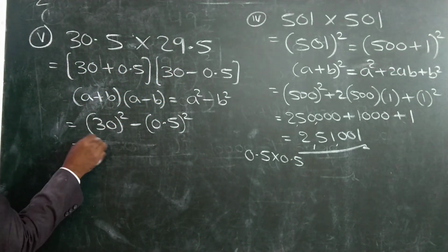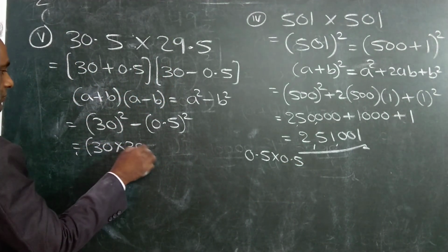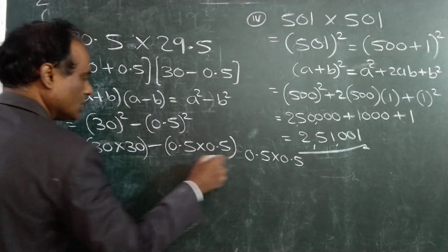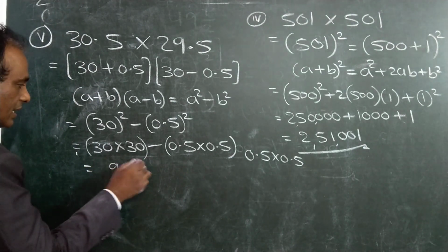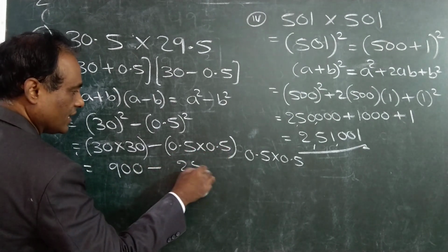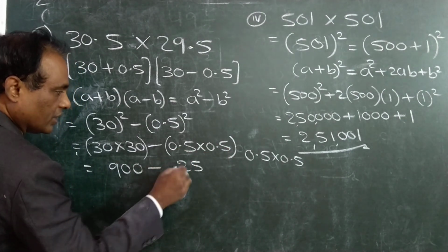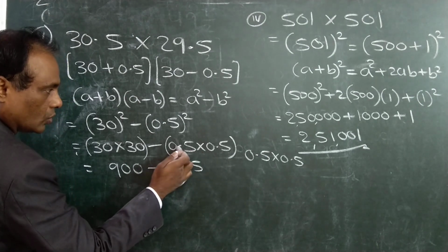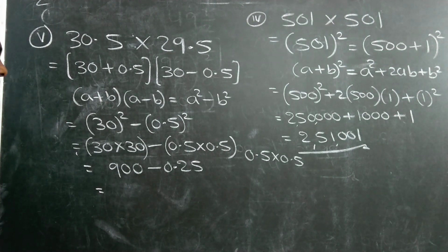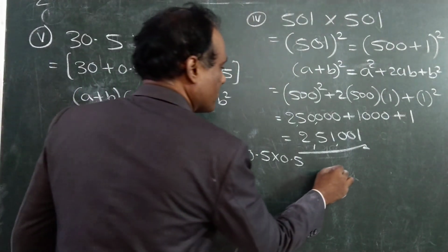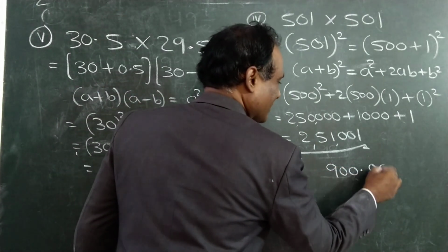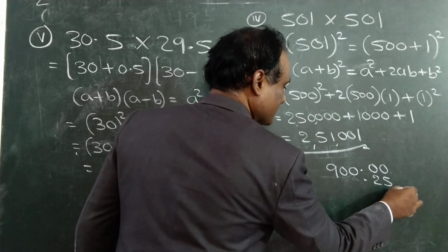I will write one more step. 30 into 30, 3 into 3, 9, and 2 zeros. 0.5 into 0.5: 5 5 is 25, 1 digit and 1 digit, so 2 decimal digits. 900 minus 0.25.